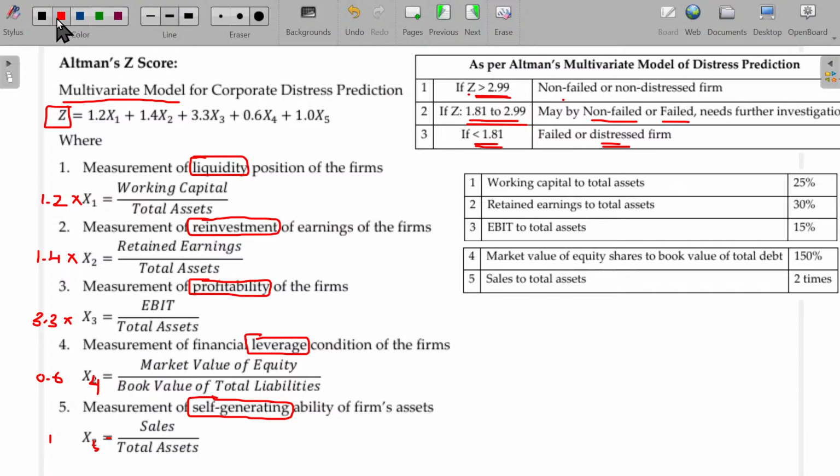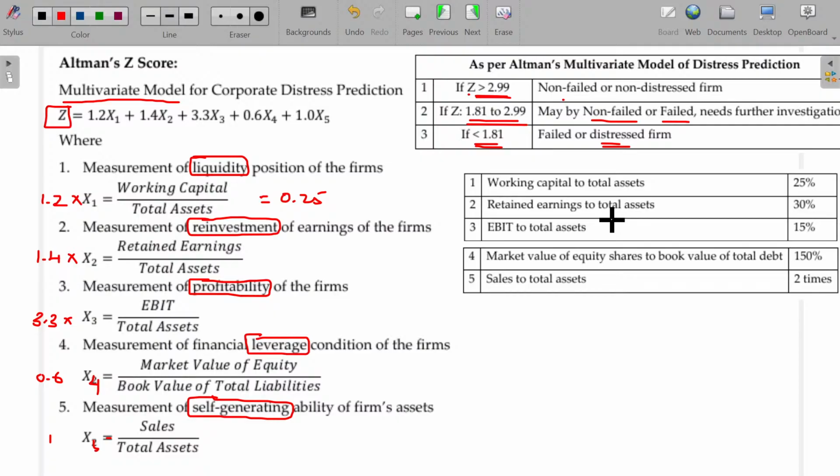Can we calculate one after one here? Working capital to total assets. What's the value? 0.25.